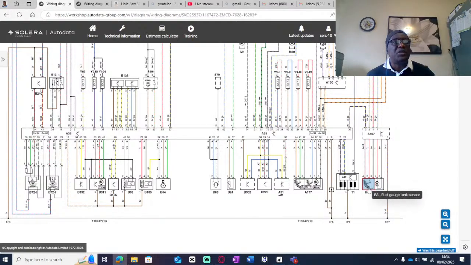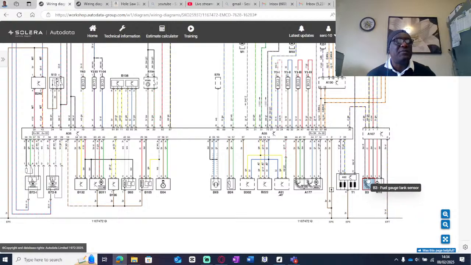So you have a fuel gauge on one side, so pin number 2 becomes a signal wire, because it is taking the signal back to the fuel pump control module. Your pin number 4 and pin number 3, one can be a power and another one a live. So it's a matter of testing these to see what they are.